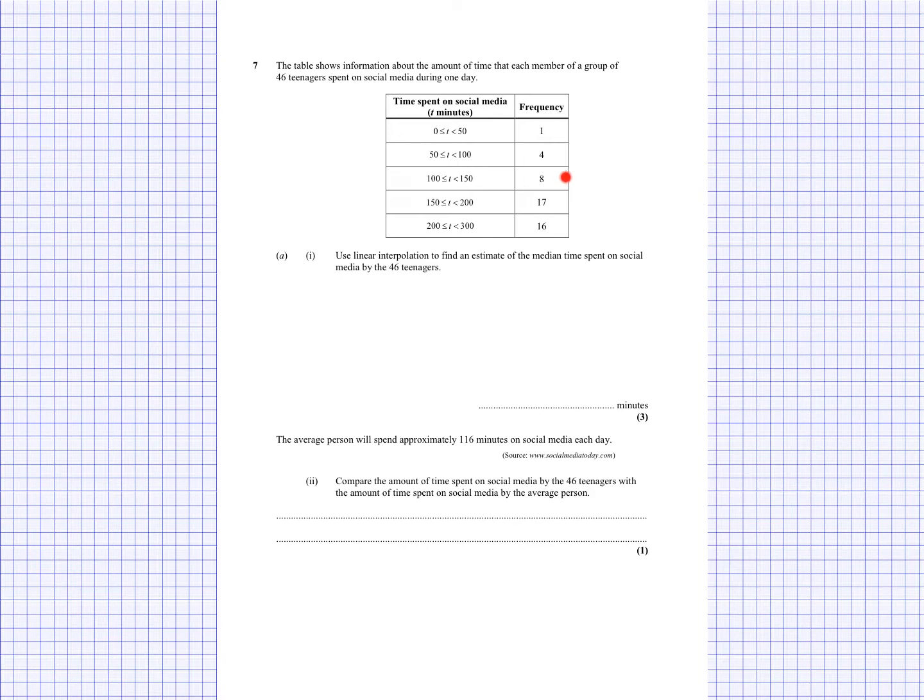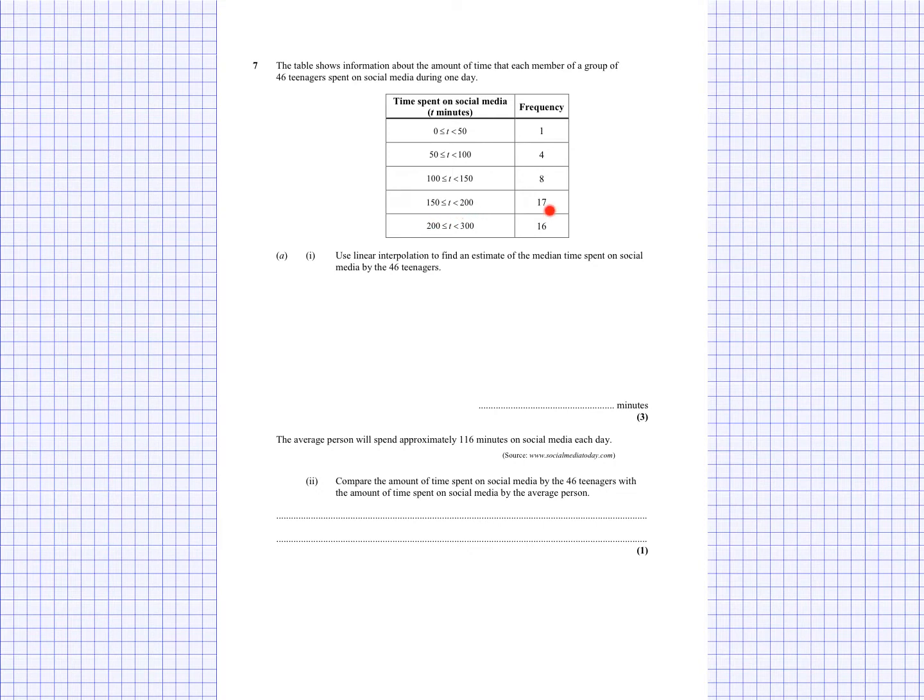I need another 10 more. The next 17 are here, so that takes me from 13 all the way up to 30, so it passes 23. And 23 happens to be 10 into this 17. So remember I was on 13 here, and I needed 10 more, so I need to go 10 into this. So I'm thinking of a fraction that is 10 over 17, and I need to think about this width.